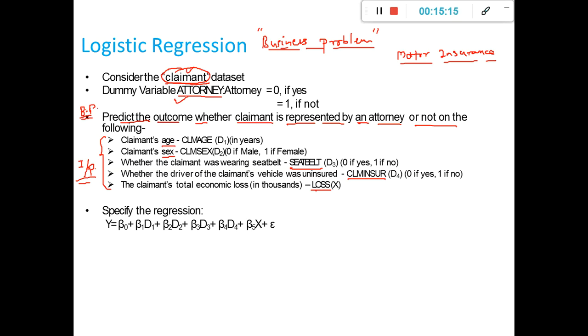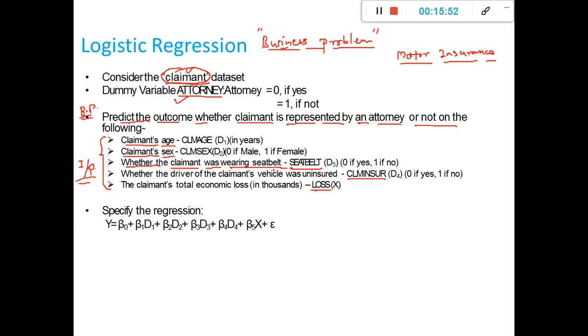Now, after understanding the business problem, what we have to understand is the data types of the variables, and first the variables themselves. Age and gender are easy to understand. What is seatbelt? Here it is the claimant's age, here it is the claimant's sex, meaning the person who has taken the insurance policy from the company. And whether the claimant was wearing the seat belt.